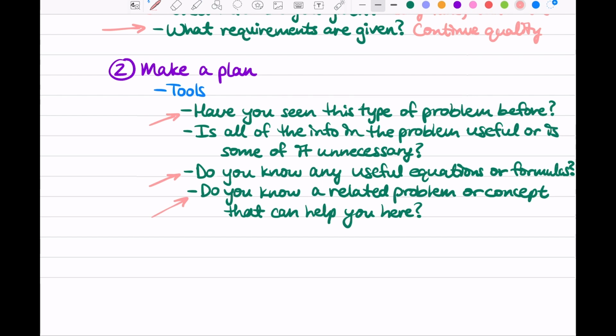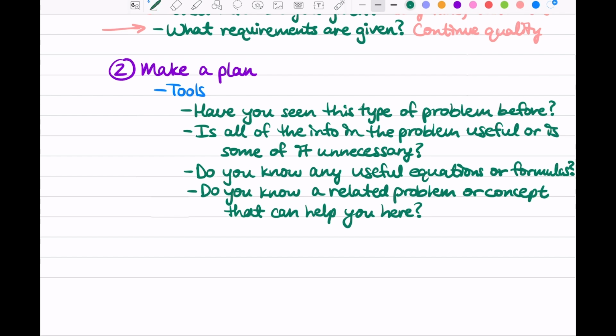Anything you've worked on? So this question is basically asking, is there anything that I know that can help me here? And you might not need to ask that question. If you have seen the problem before and you know a useful equation, that might be enough to make a plan for solving the problem. Again, these are all tools here. You don't have to use all the tools in your toolbox, just whatever you need.